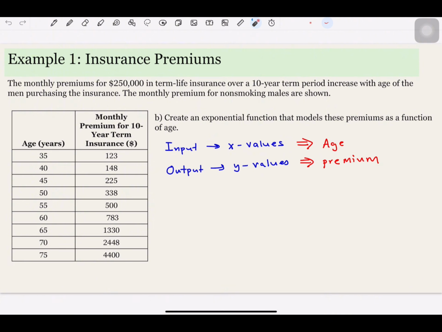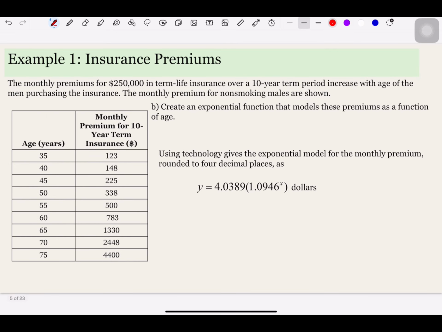Then we can use a graphing calculator or any other utility to find the best fitting exponential model of the form y equals a times b to the power x. Based on my calculations using the TI-84 calculator, here's the exponential model I got. These values have been rounded to 4 decimal places.